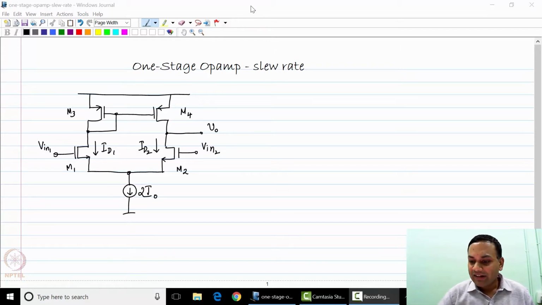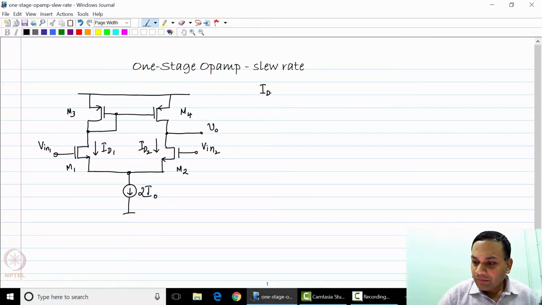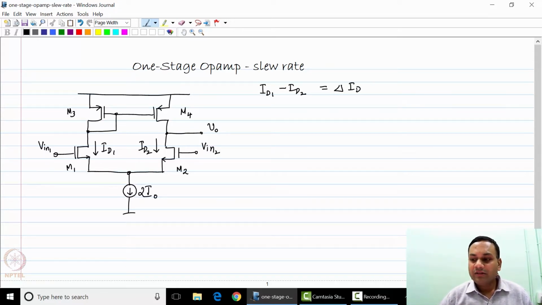So what I am interested in is calculating ID1 minus ID2. In other words, this is the differential current flowing through M1 and M2.